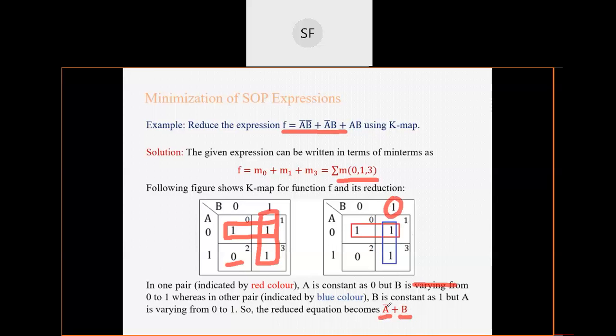And since it is sum of product, the operation will be sum. Now you can observe this was your function earlier, and this is the minimized function, and this minimization you have done by using K-map.